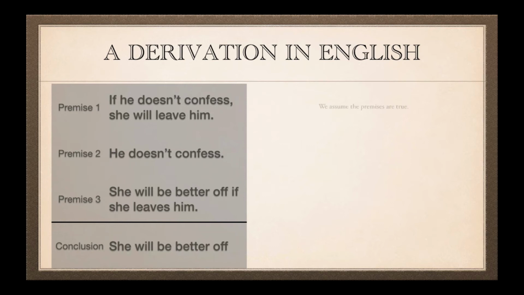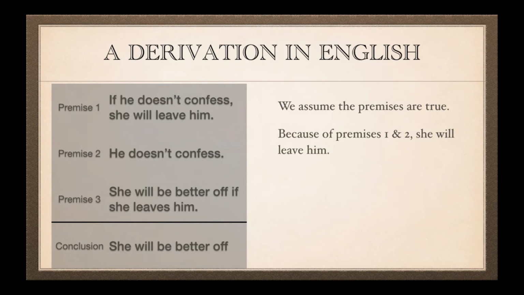So how would we do that? First we'd assume that all three premises are true, and then we'd consider whether the conclusion is also true. Can we discover whether or not the conclusion is true, given the truth of the premises? We know because of premises 1 and 2 that she'll leave him. That's a valid step, because premise 2 says he doesn't confess, and premise 1 says, if he doesn't confess, she will leave him.